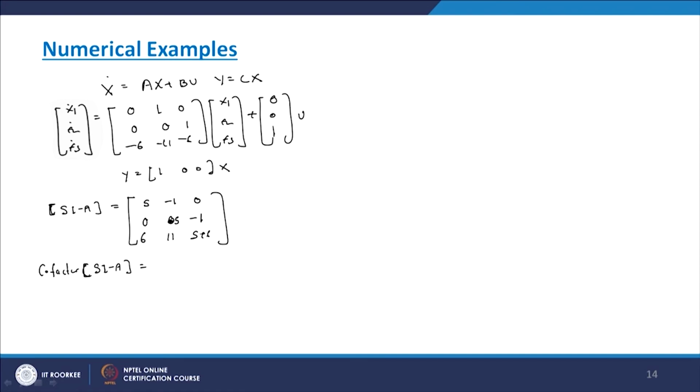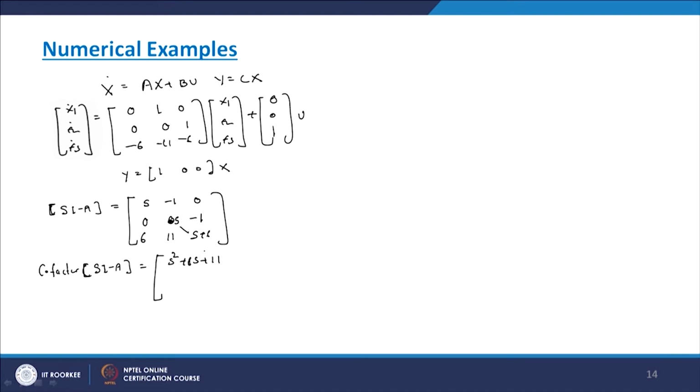Now, we call the cofactors of sI minus A. Particularly for this element, we have to remove this row and this column. So, we will get s square plus 6s plus 11.